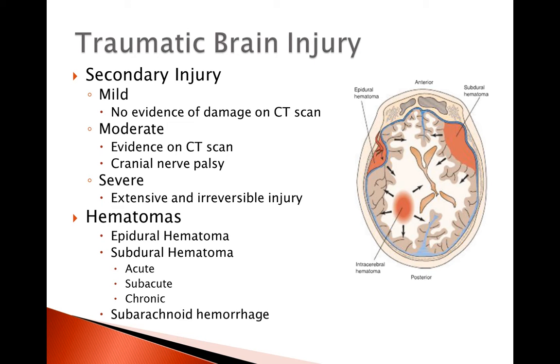Bleeding often occurs when a skull fracture tears the vessel. So it's actually the damage to the bone, the skull itself, and in that fracture it tears the vessel. It's actually quite common in young people, mainly because the dura mater is not as firmly attached to the skull, so it tends to be more likely to pull away.